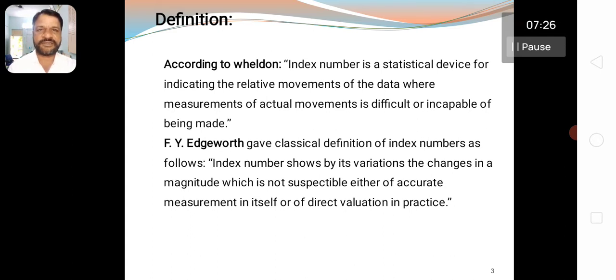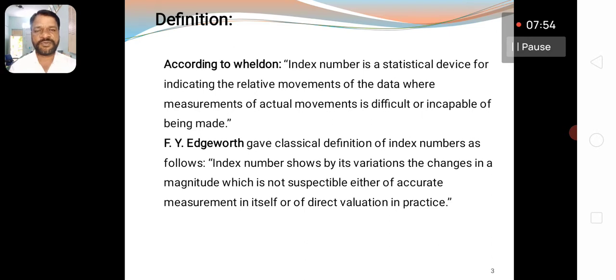It means that the data can be collected. Then what are the prices of different commodities in the year 2020, and what are the prices of different commodities in the year 2021. Now the measurement can be made and expressed in percentage, the rate at which the prices of the commodity have increased or decreased. The price may be increased sometimes or it may be decreased also.